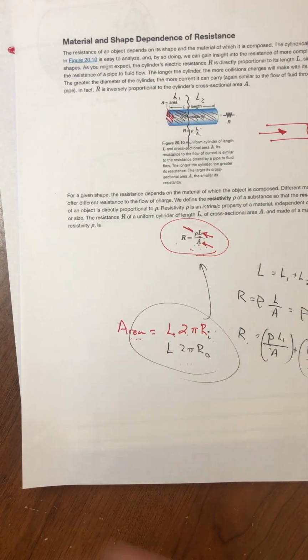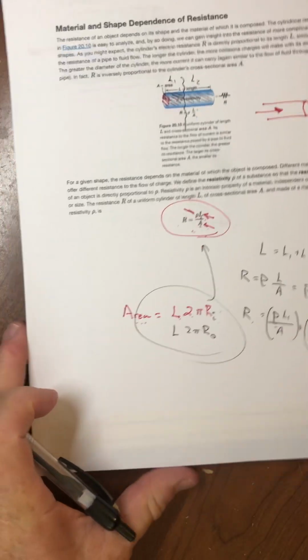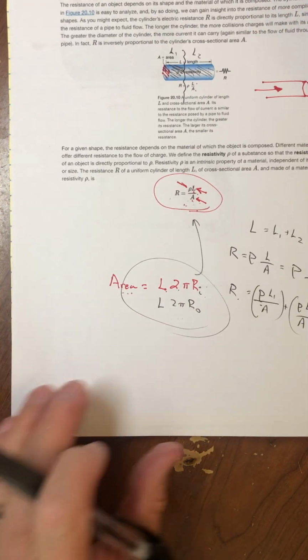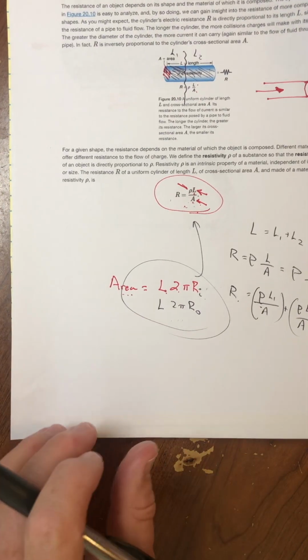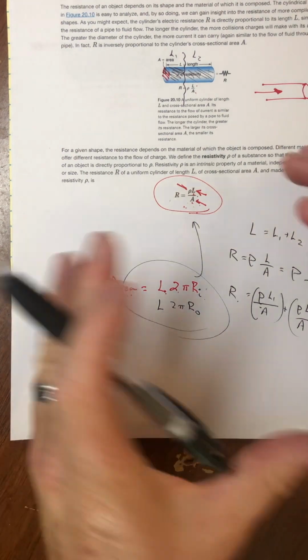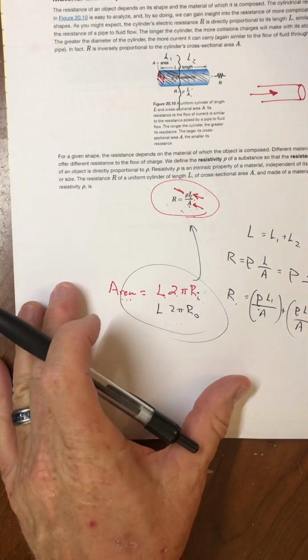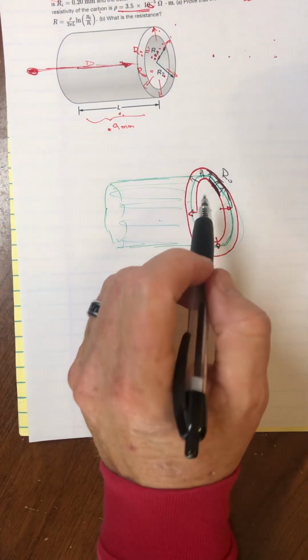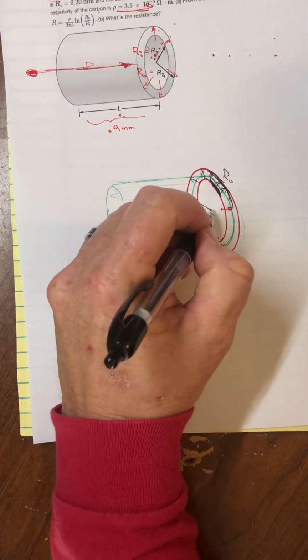Okay, so now if we take all these thoughts I put together, and I hope my little mini lecture here, which took me like 15 minutes, didn't distract from the problem too much. But I need all those thoughts to put together here, because here's what I'm going to do. I'm going to say, okay, so to solve this problem, I need to figure out the resistance in a radial direction.